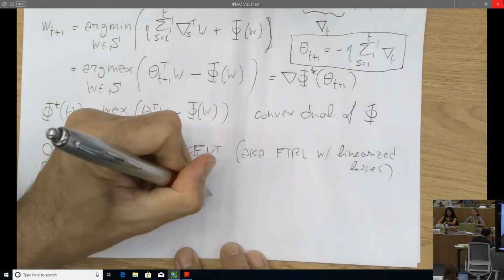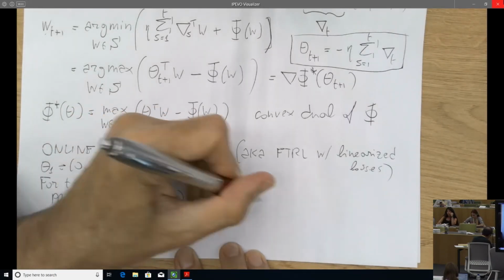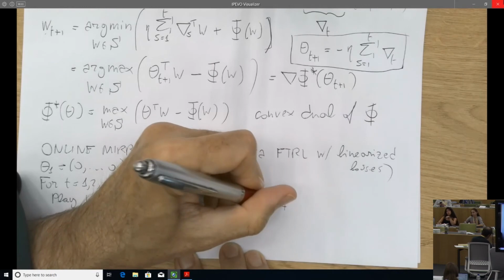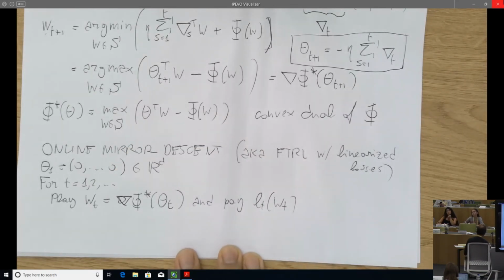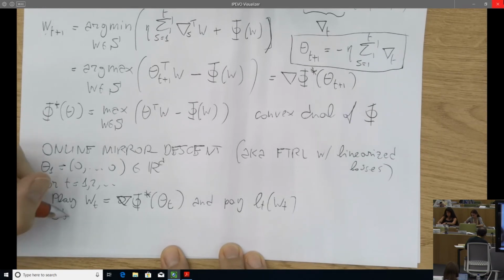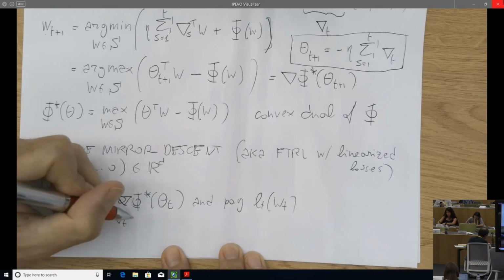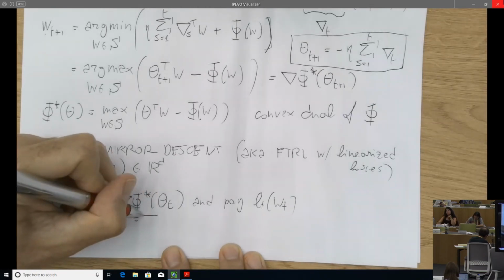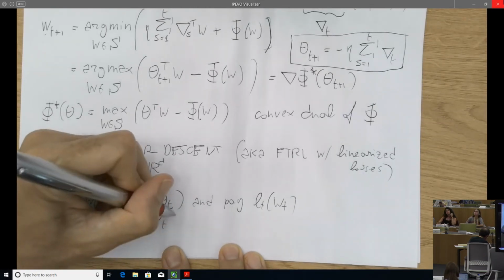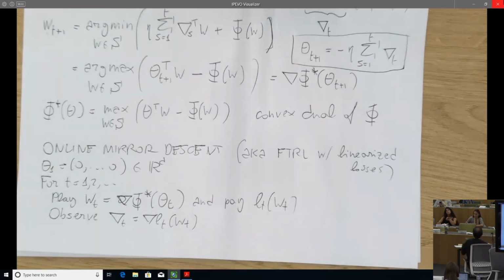And we pay the loss of that decision. Play and pay. Then we observe or compute the gradient of our loss. We assume that we have access to the loss function, in the sense that an oracle gives us the gradient of the loss at our decision.